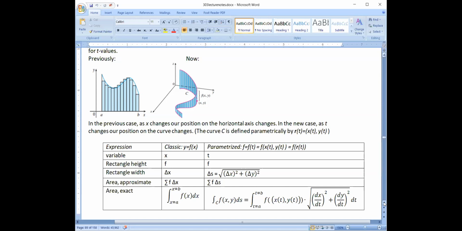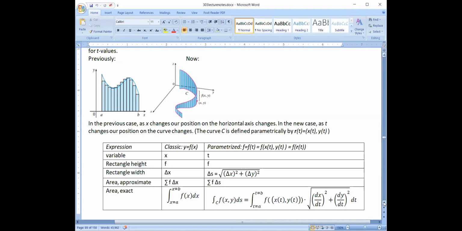Exactly, in the classic case, the integral is x goes from a to b of f of x dx. Now what about in the new case? Well, it was the sum of f times ds. So now just turn that into an integral. It's going to be the integral of f, where for a moment we'll just write it in the original expression, f of x y ds, and we're integrating over the curve c.